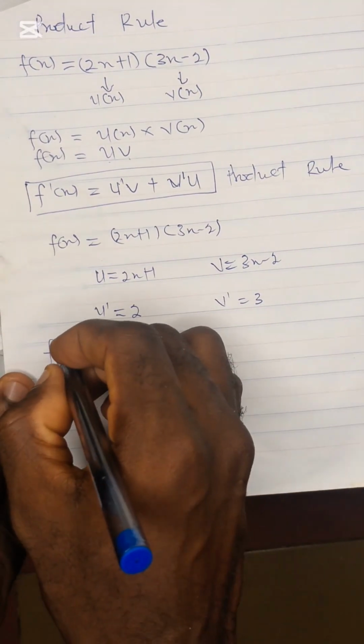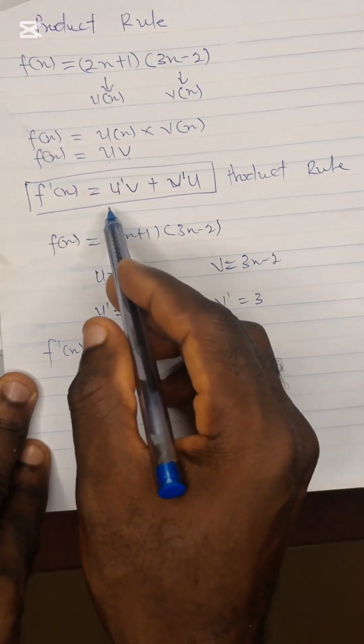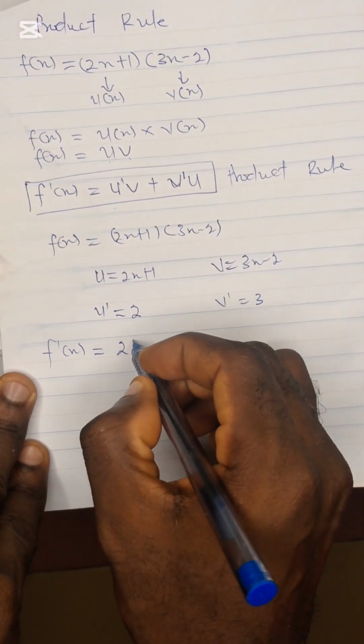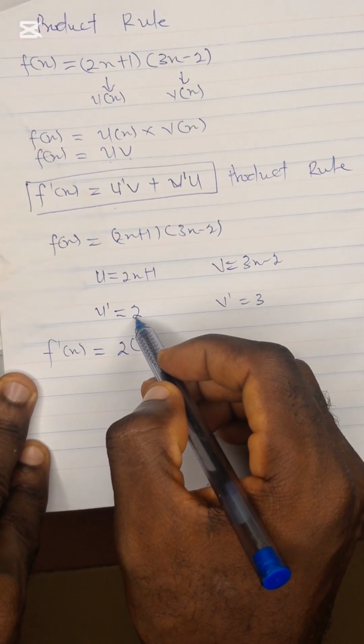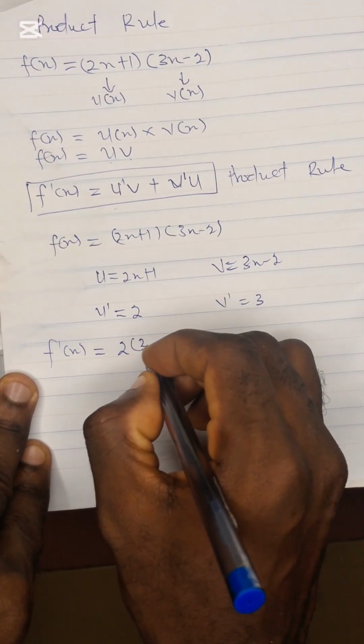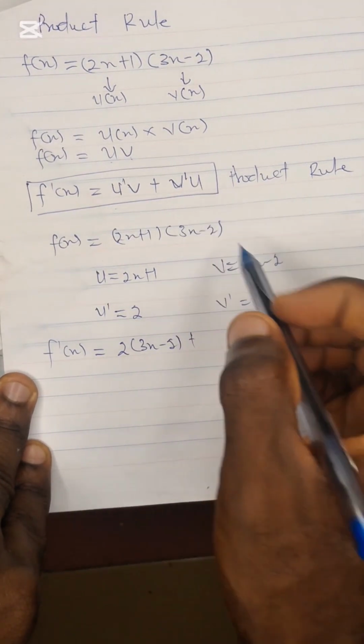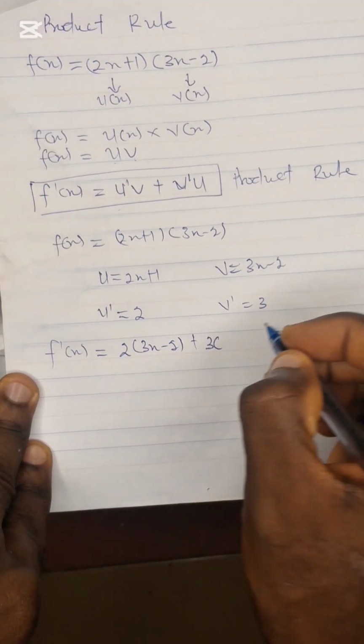Now, it means the function f of x differentiated is going to be equal to, now we use the formula, 2 multiplied by, the 2 is the u prime, multiplied by v. Our v is 3x minus 2, so we have 3x minus 2, plus our v prime is 3, multiplied by u.